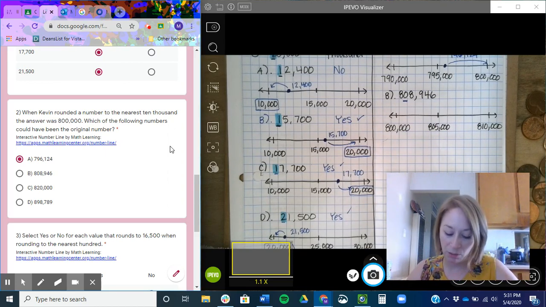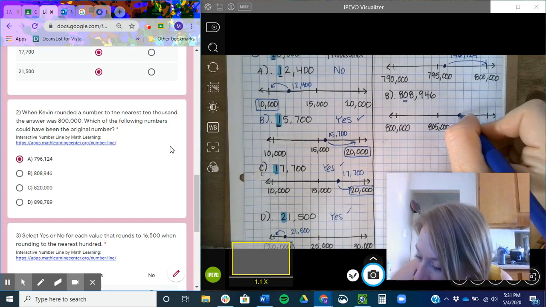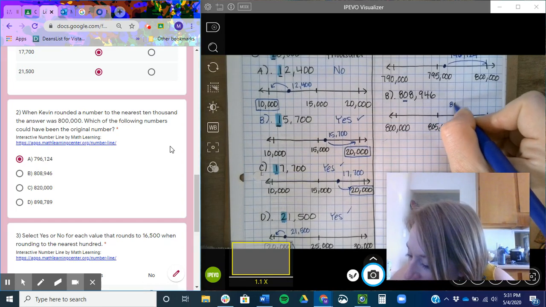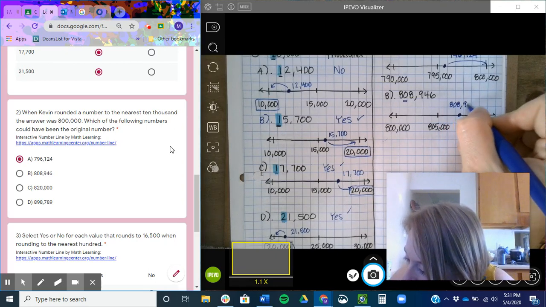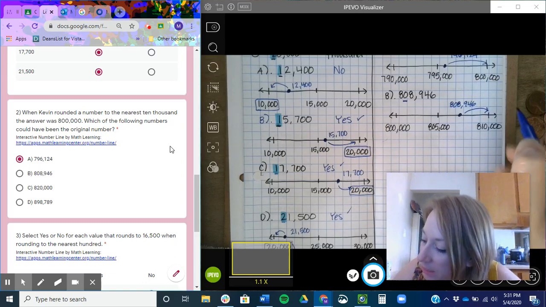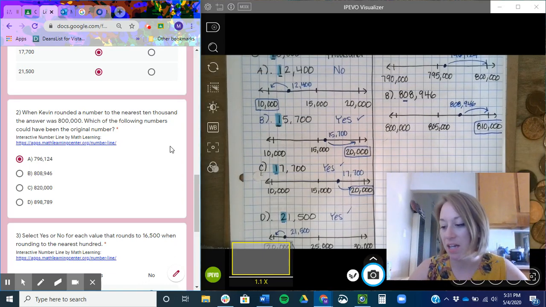Okay, find where 808,946 goes. If you were also thinking after 805,000, sweet. Looks like that one is closest to 810,000. So we now know definitely for sure that it's not going to be choice B.